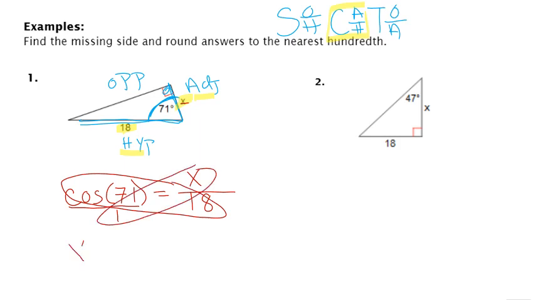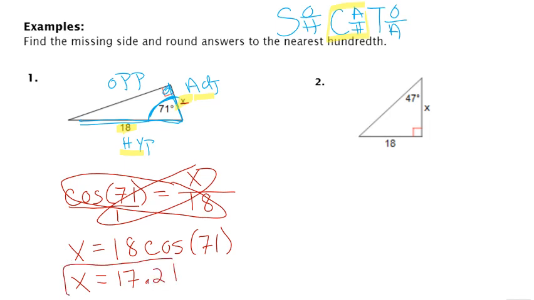We get x is equal to 18 times the cosine of 71. And when I put that all in my calculator, you should get 17.21. If you put this in correctly and you're getting a different answer, it might be your calculator's in the wrong setting. So you want to make sure your calculator's set to degrees.